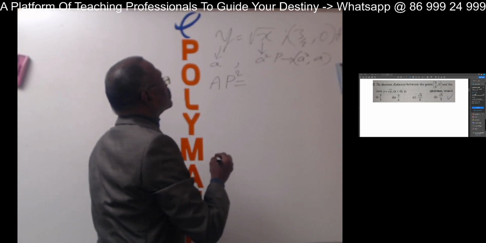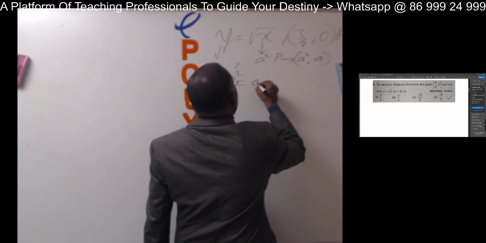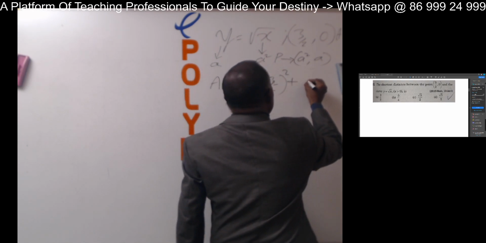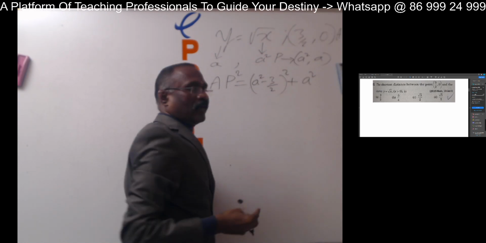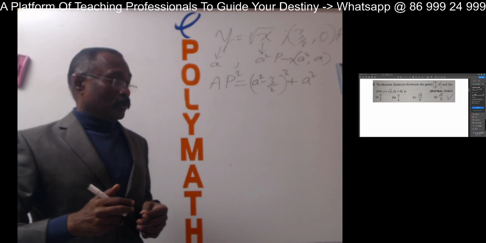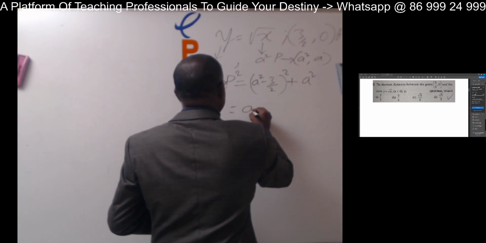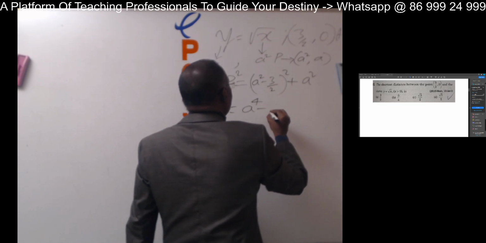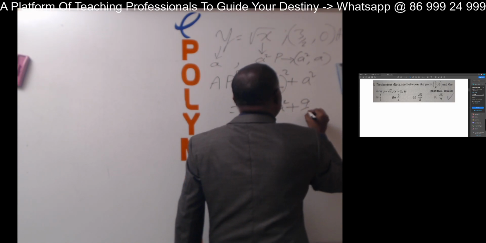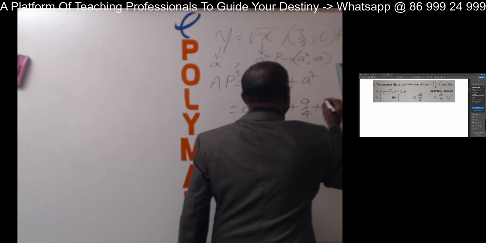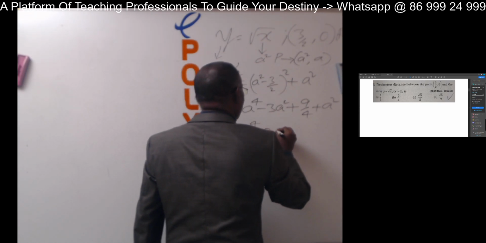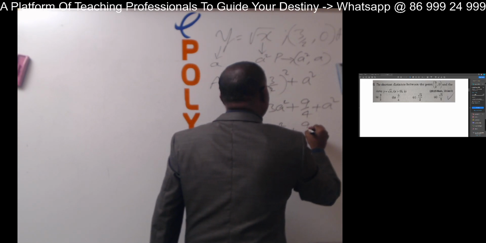Okay, now tell me what is AP square? A square minus 3 by 2 whole square plus a minus 0 whole square. That I need not explain to you: x2 minus x1 whole square plus y2 minus y1 whole square. That's what I wrote. Now after simplifying this, a power 4 minus 3a square plus 9 by 4 plus a. It is nothing but a power 4 minus 2a square plus 9 by 4.